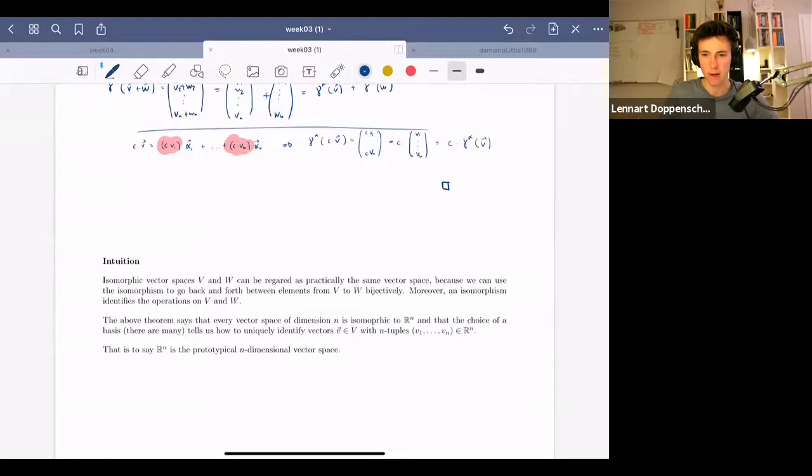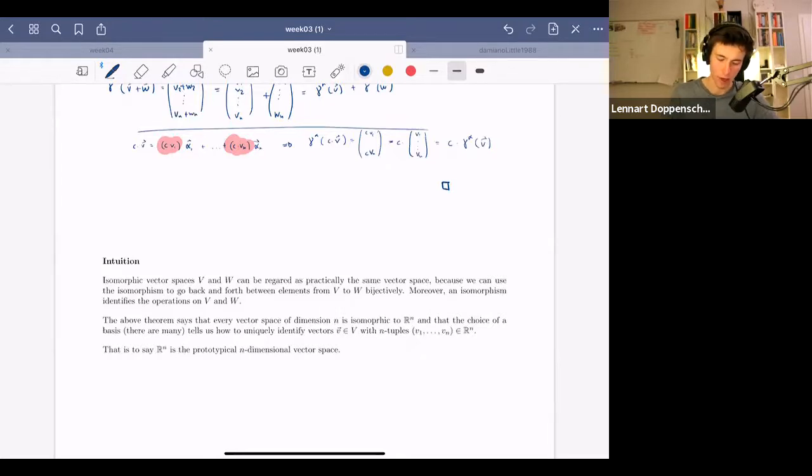And this is pretty amazing, because you have to imagine how many different vector spaces there might be out there, and how many examples I've shown you 2 weeks ago or 3 weeks ago. And now it turns out that as soon as we fix the dimension, there's only one identification. So this is almost disappointing, because we thought there were so many vector spaces, but it turns out they're all the same. There's only one for each dimension.